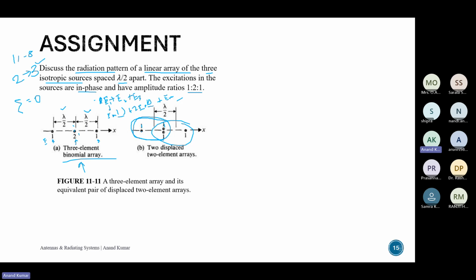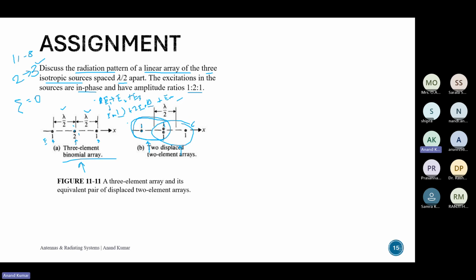So we can treat this system as two sources, where this array has one element and this array has one element. So now we have two elements which themselves are individually arrays.